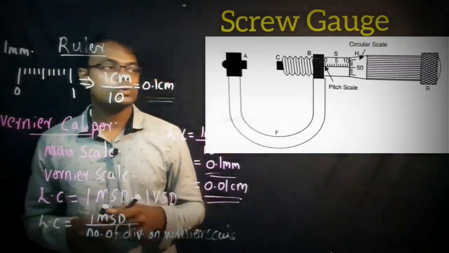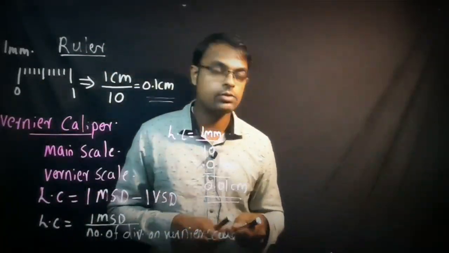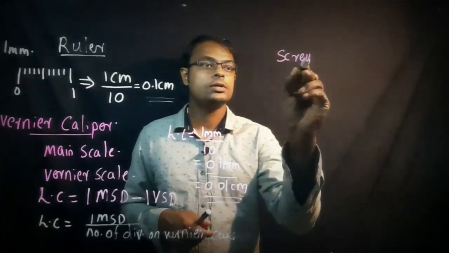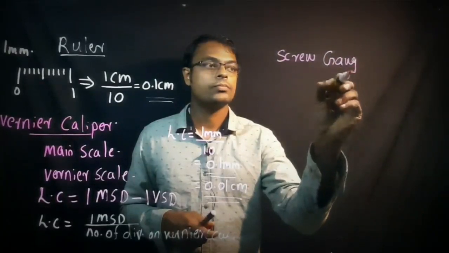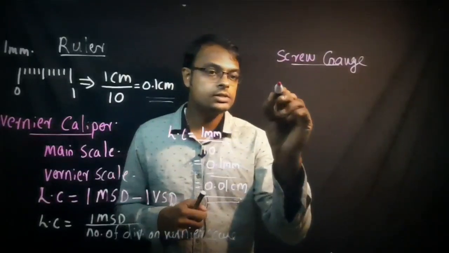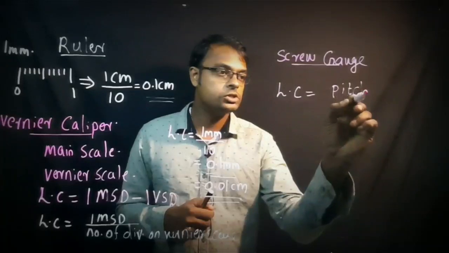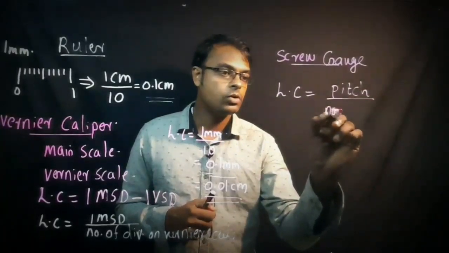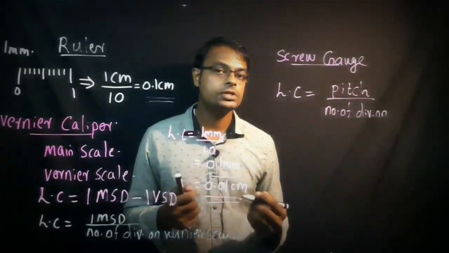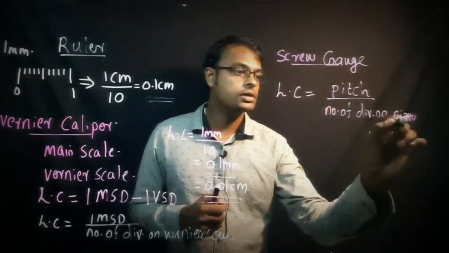All right, now let's discuss the least count of the screw gauge. The next instrument is called the screw gauge, and you have already noticed its structure. The least count of the screw gauge is equal to pitch divided by the number of divisions on the circular scale.